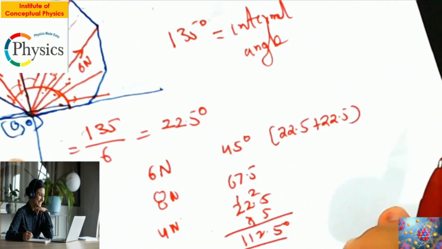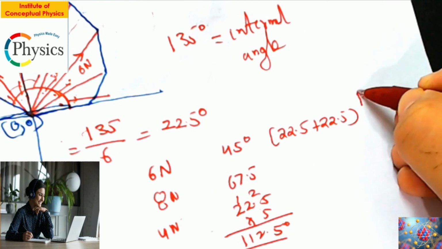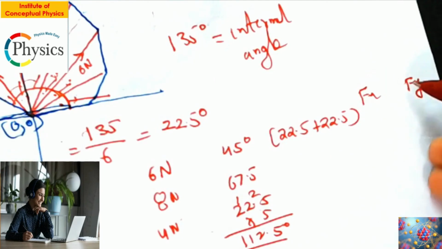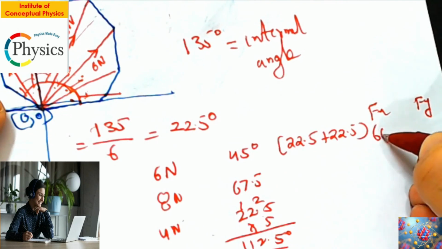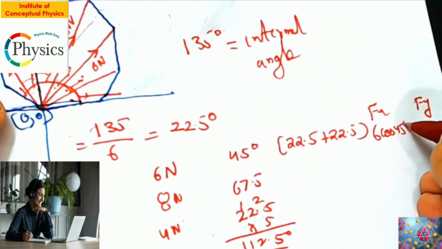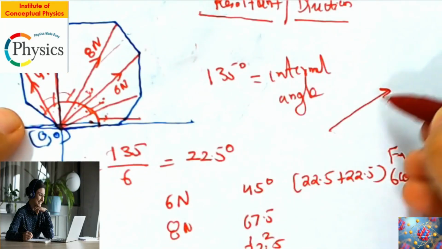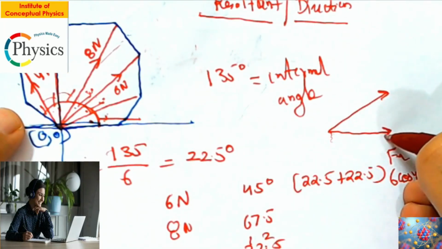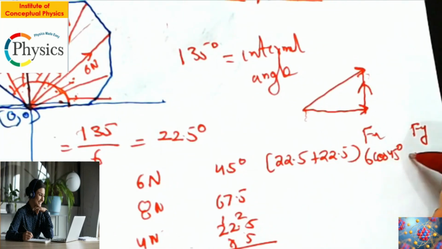The approach we are taking to solve this problem is the resolution of force. So I am now going to divide the 6 newton, 8 newton and 4 newton forces, making angles of 45, 67.5 and 112.5 degrees, into x and y components. For 6 newtons, making 45 degrees, there are 2 components.